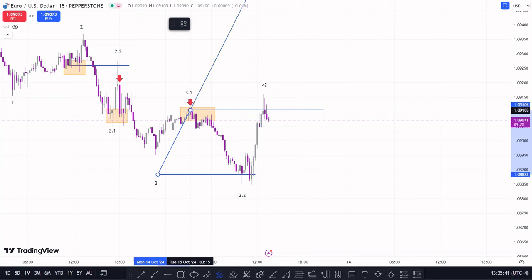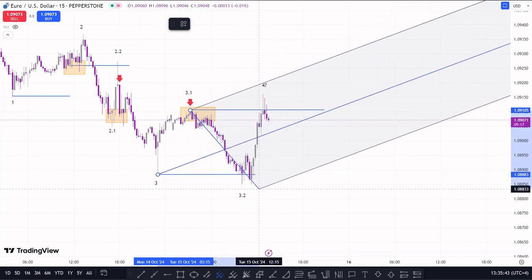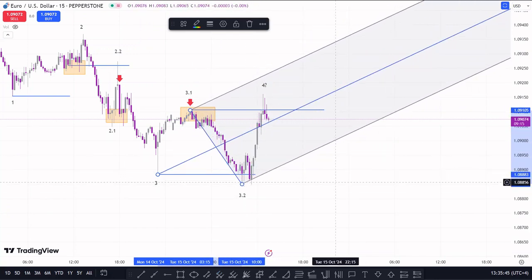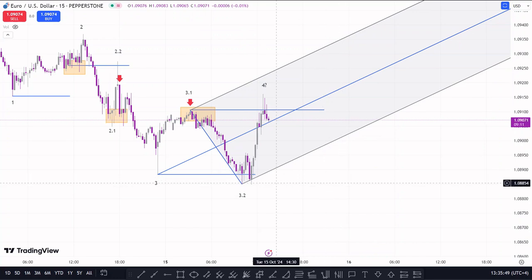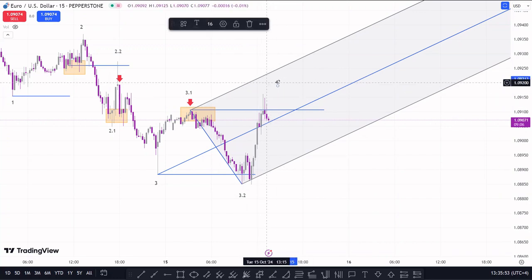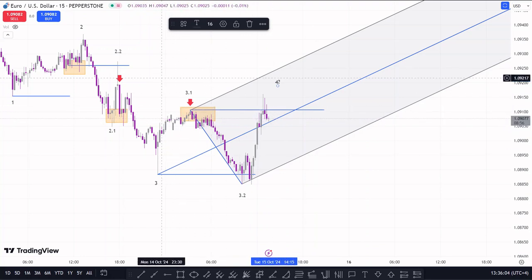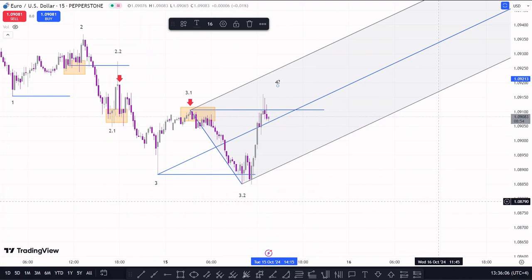So to identify the exhaustion, of course, yung ating pitchfork, yung ating friend dyan. So makikita natin dito, price fails to reach the center, yung upper parallel ng ating pitchfork. Okay? And it didn't close above doon sa last confirmed high.